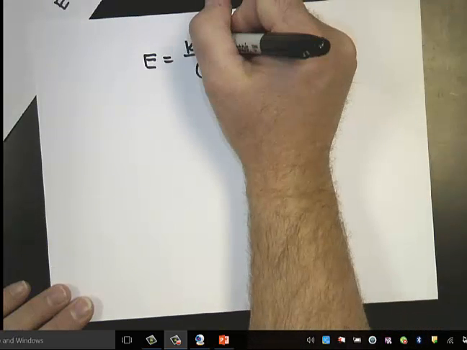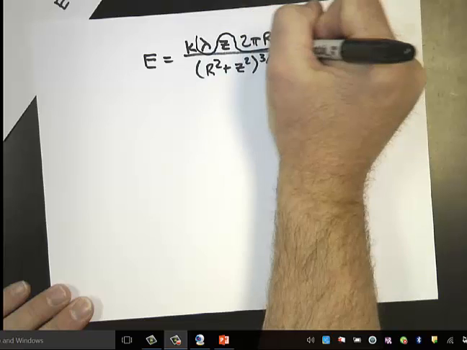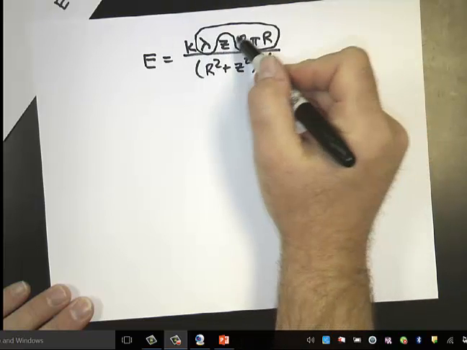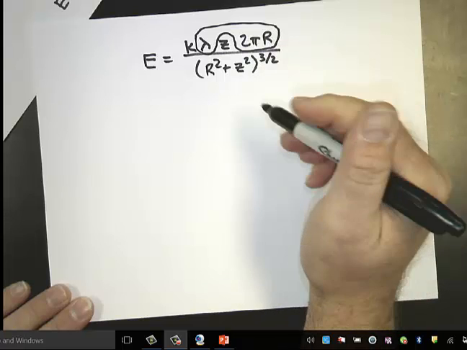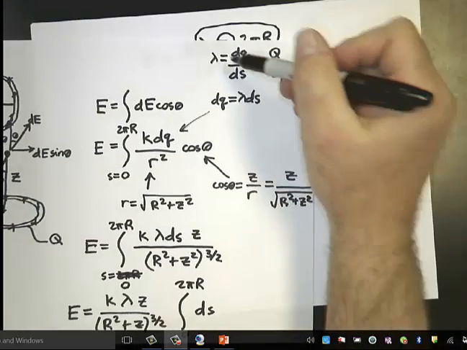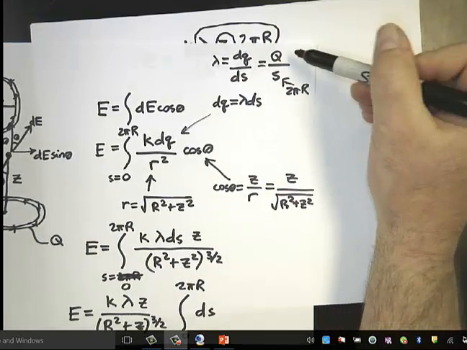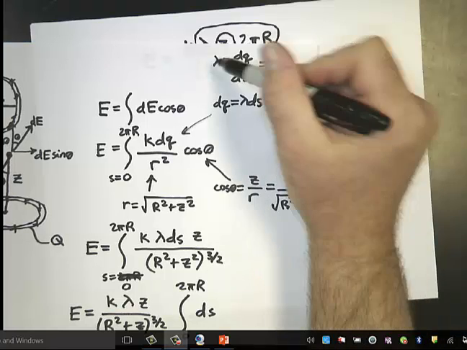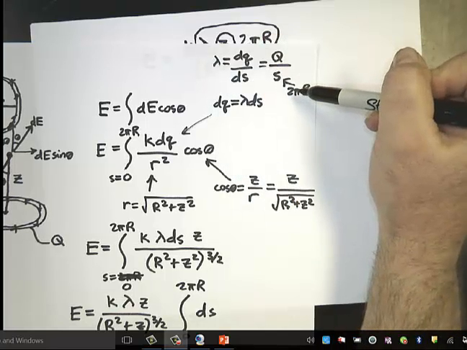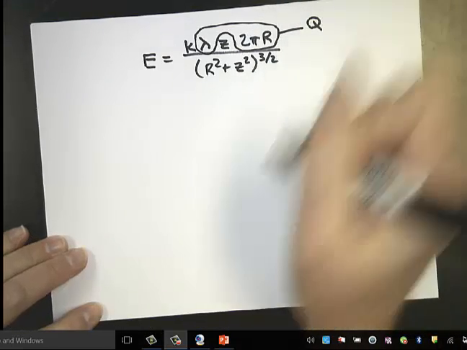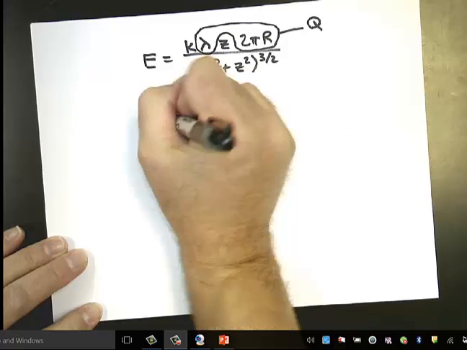Now, what's kind of cool is that this piece right here is the length density times the length of the ring. Wait a second. We said before that the length density is the total charge divided by the total length. Therefore, lambda times 2 pi r is just big Q. It's just the charge of the ring. So, make this a little simpler looking.